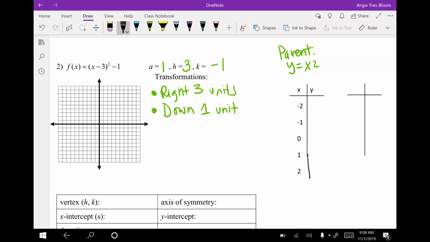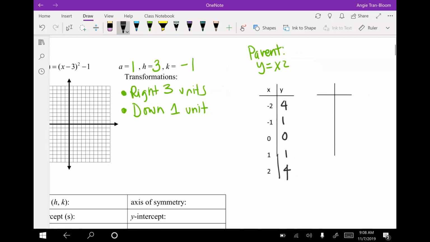Christian, give me the 5 outputs for the parent. 4, 1, 0, 1, and 4. Perfect.